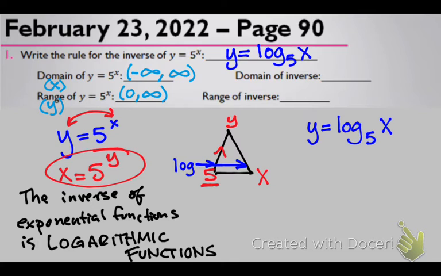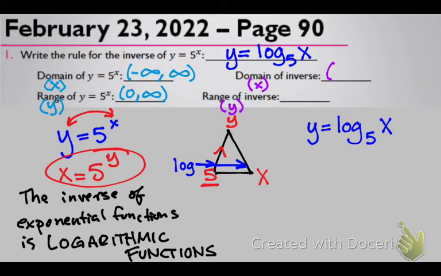So if I know those two pieces of information, what would I do for my domain and range of inverse, my x and y of inverse? From my original function to my inverse function, I switched my x's and y's. What would I do with my domain and range that are x and y? I would just switch them.